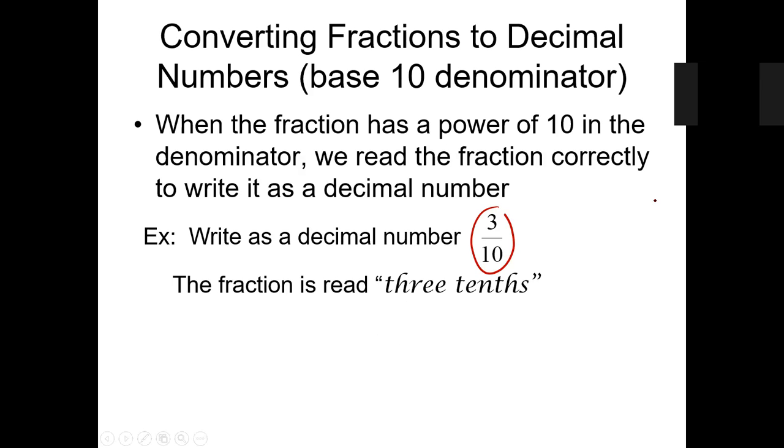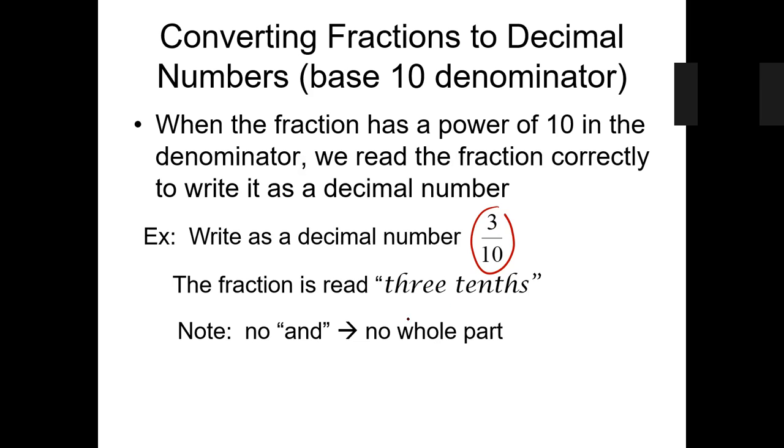3 tenths. How do we write it as a decimal number? 0.3. Excellent. So when I say 3 over 10, first we change it to letter form, then we write the decimal number. In letters, it's 3 tenths.